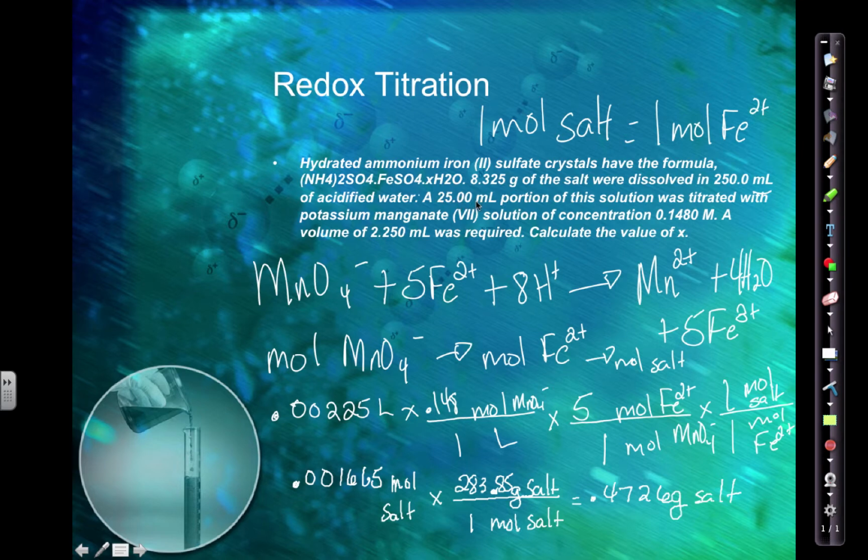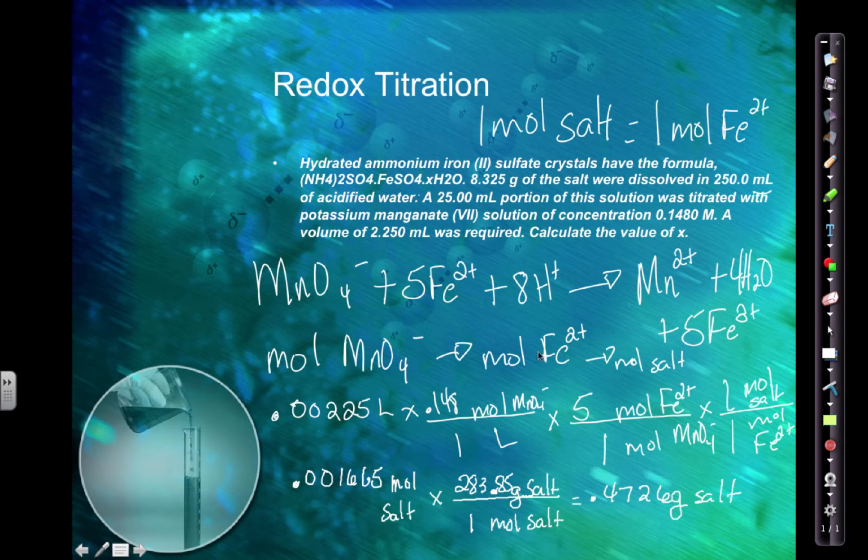You only used 25 milliliters. So I need to figure out how much was in the original solution now. So I can't just say it's this many grams of salt. This is what reacted.